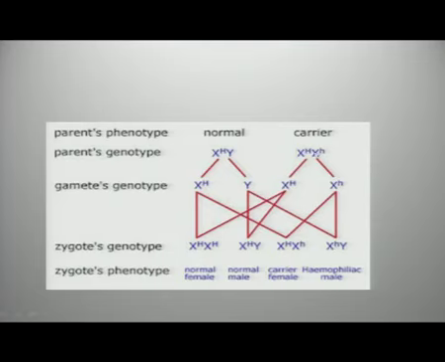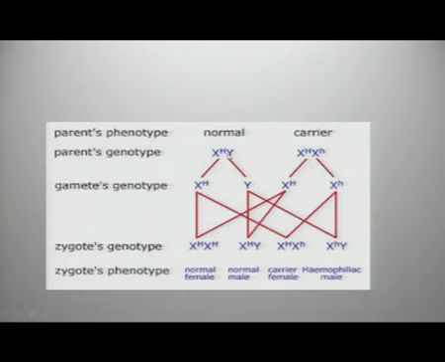But see the condition of the female individual. Here you can see one capital H allele for normal hemoglobin and one small h allele for hemophilia, the mutated one, but this is a carrier, not a hemophilic one, because it carries one recessive mutant allele for hemophilia. So, it is known as a carrier. It is not an affected individual.